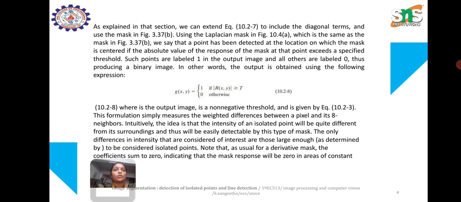This is one of the simpler methods to detect isolated points, by using a difference measure that compares the pixel's intensity with the average intensity of its neighborhood pixels. For a pixel at coordinates x, y, its intensity is denoted as f(x,y). The neighborhood of pixels can be defined as the set of pixels around p(x,y).